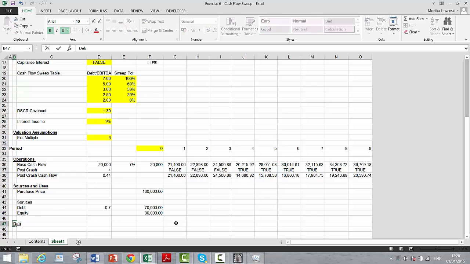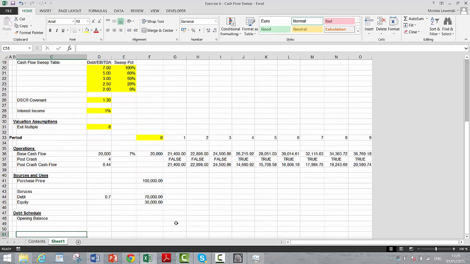Now let's put in the debt schedule. Let's put the opening balance. Then let's take away the scheduled debt, and let's take away the cash sweep.